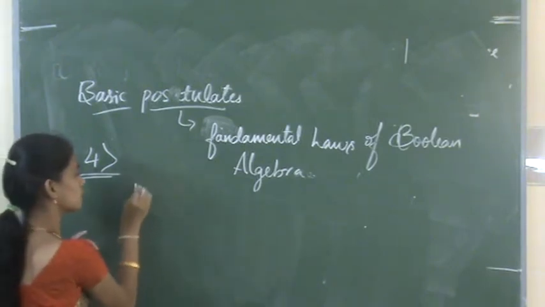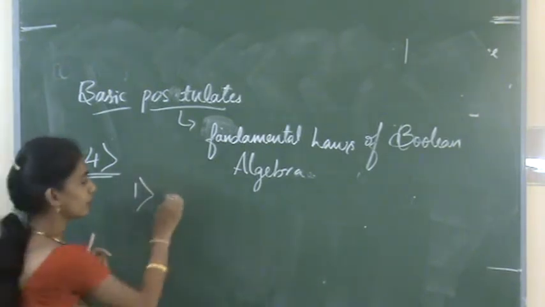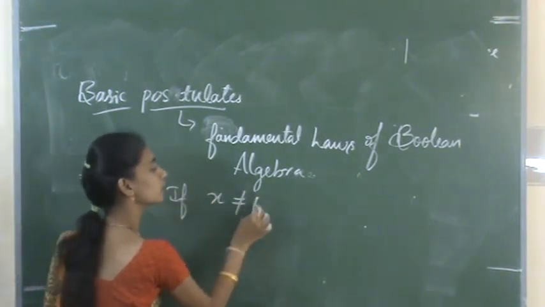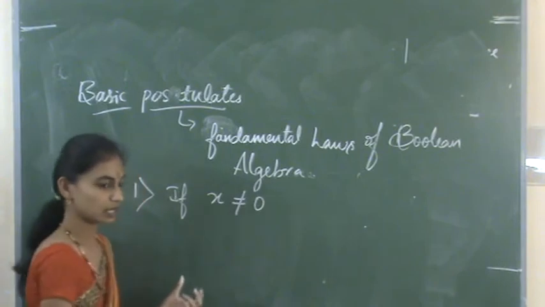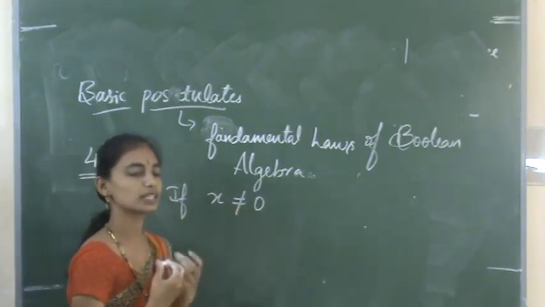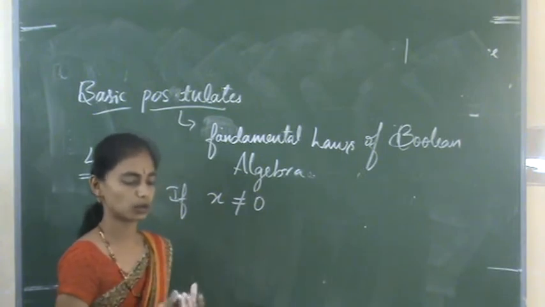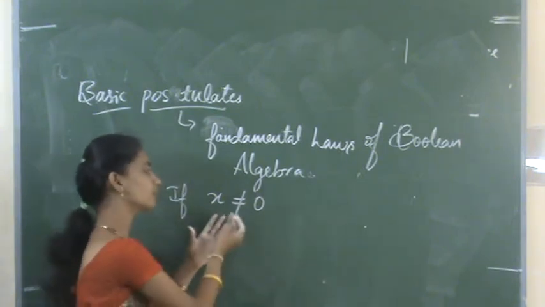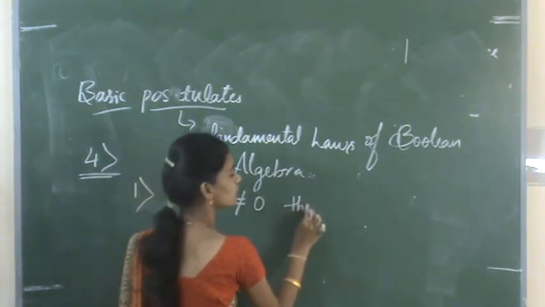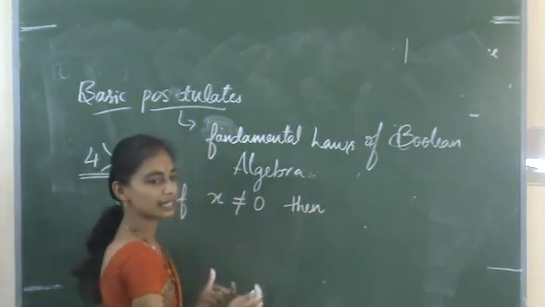The first postulate is, if x is not equal to 0, which means the input is not 0 or low or false, then what will x be?